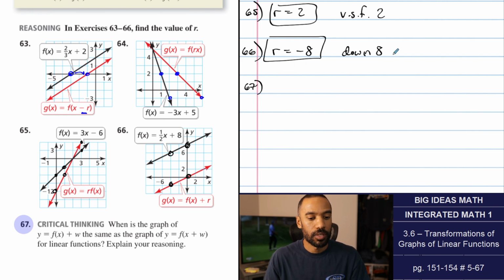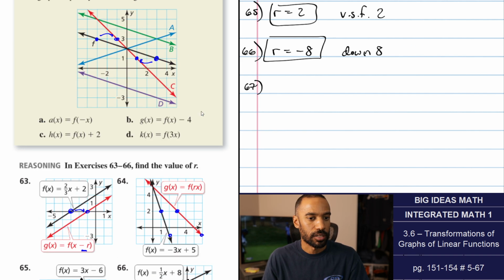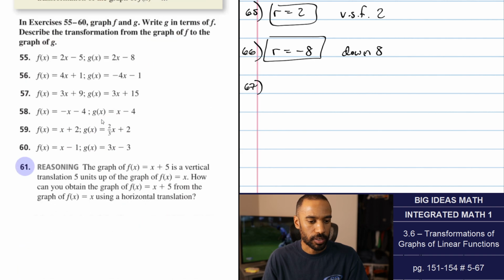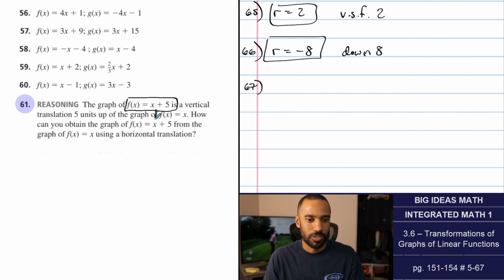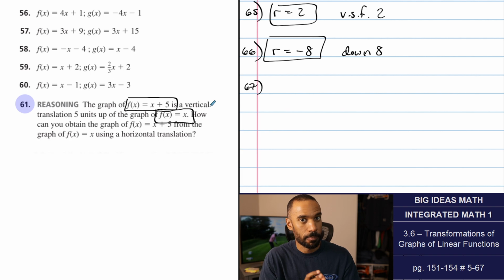Oh, you know what? We don't know what our function is. Hold on a second. Let me go back really quickly here. Remember this problem? Just 8 minutes ago. On this problem here, notice this was f of x equals x. Specifically x. Okay? A slope of 1.